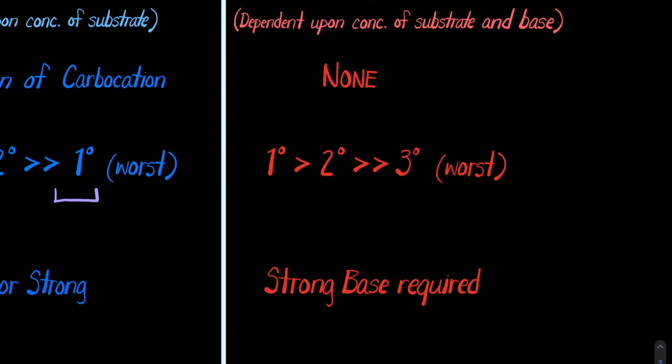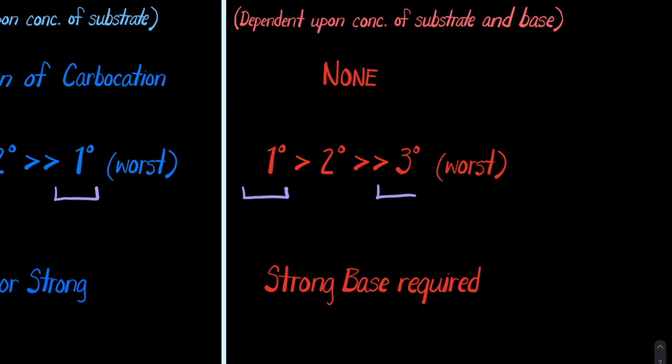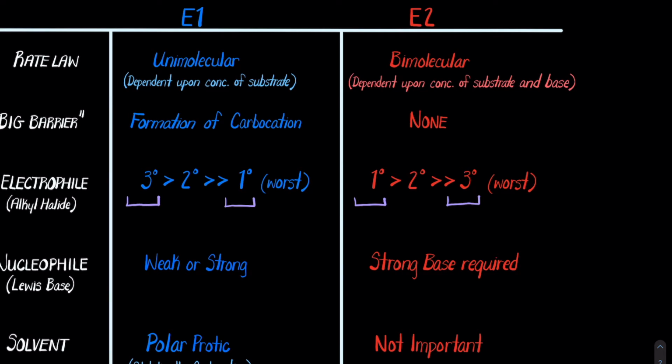The E2 works best with primary substrates, worst with tertiary substrates. There are patterns that you need to pick up on throughout organic chemistry. The relationship between nucleophilic substitution reactions and elimination reactions is something that's very important. And once you catch the little tricks, it is very easy to understand the differences between the two and the similarities.